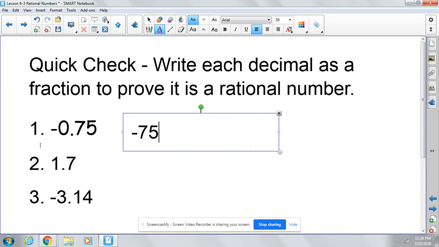That would be my numerator. And I want to know 75 over what? To find your denominator, you have to look at that last digit, which is a 5, and the 5 is in the hundredths place. So the place value would be 100. Your denominator would be 100.